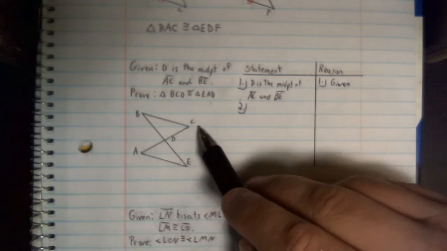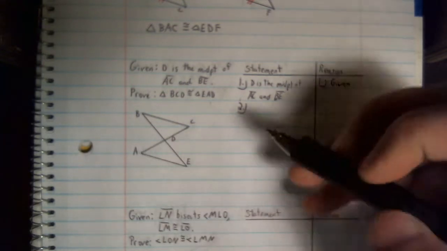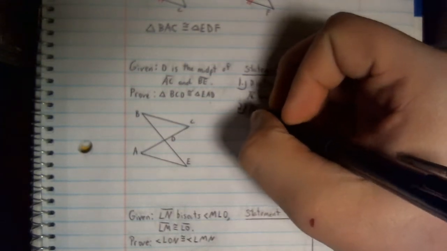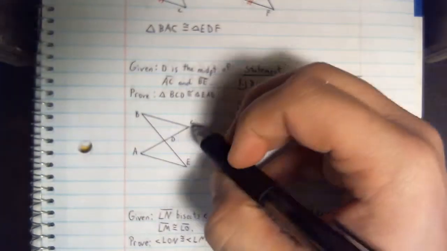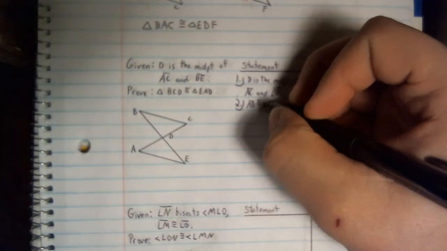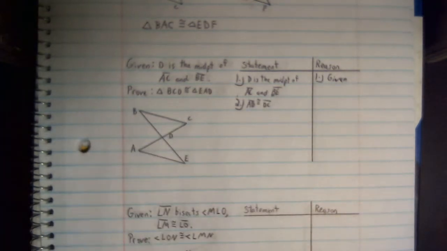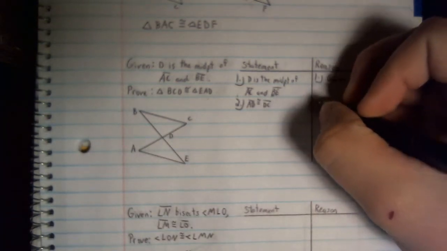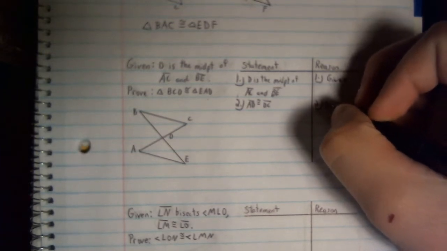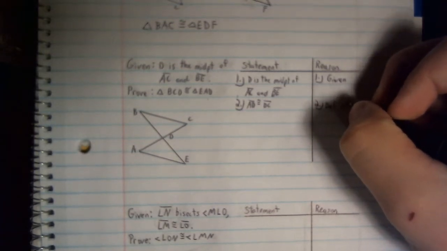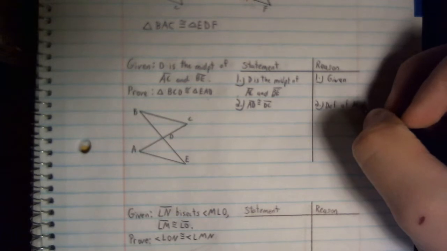Well, if D is the midpoint of AC, that must mean that AD would be congruent to DC because it split AC into two equal pieces at point D. And that is a definition of midpoint.